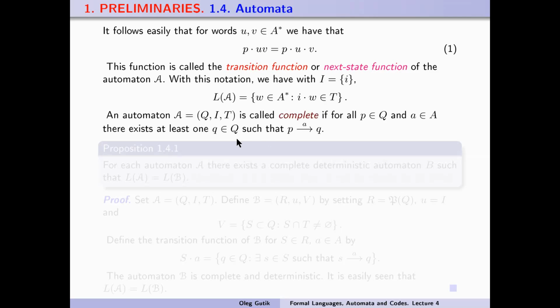And an automaton A capital QIT is called complete if for every state P and letter A from A capital there exists at least one state Q such that there exists an edge from P to Q which is labeled by the letter A.